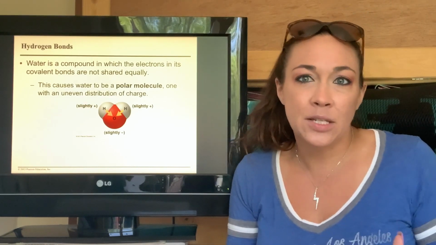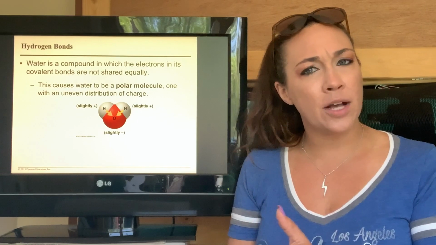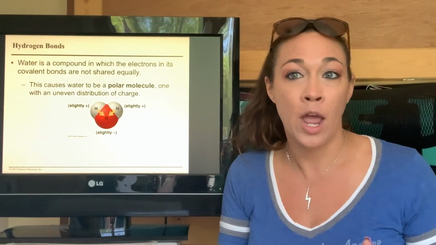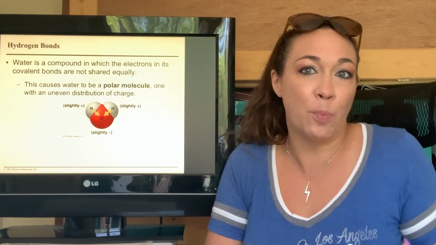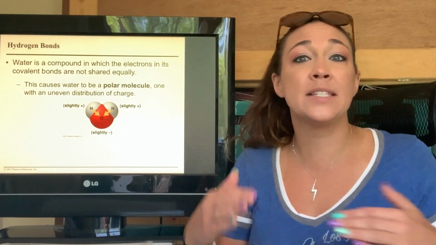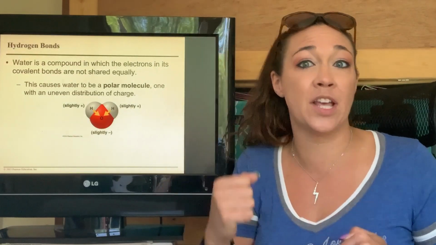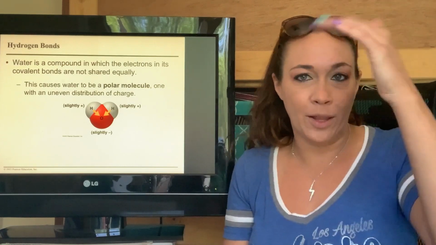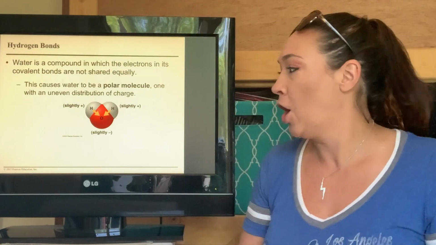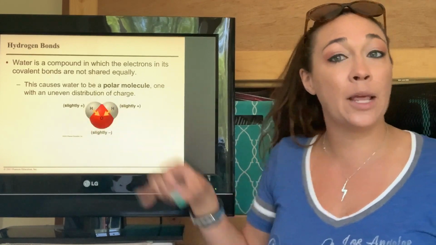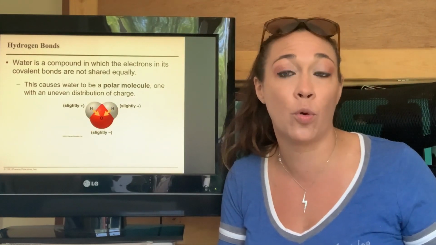Now, this slightly negative end and this slightly positive end is actually what we call a polar molecule, or a molecule that has polarity. Okay, so anything that is polar has a slightly different charge on either side. You can kind of think of the poles of Earth, right? They're not different, like positive and negative, but in here they kind of are. So that's what we can see right here. This would be the slightly negative end, and up here would be the slightly positive end. So that would be considered polar or polarity.